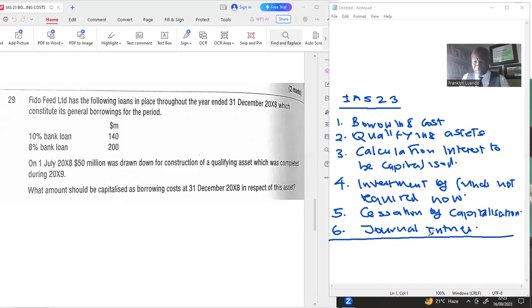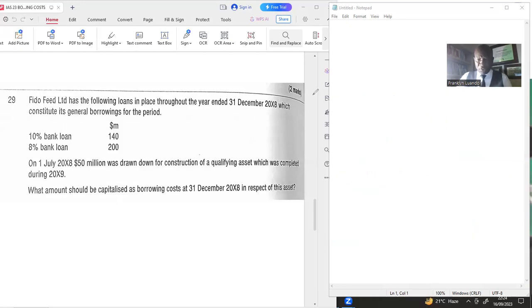Investment of funds not required now. When do we stop the capitalization of interest? And the journal entries for the interest capitalized. So basically, we'll be looking at those 5 items in this video. And then thereafter, we shall do a question which is at hand here. Therefore, we can get started.